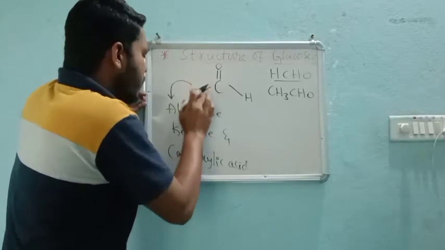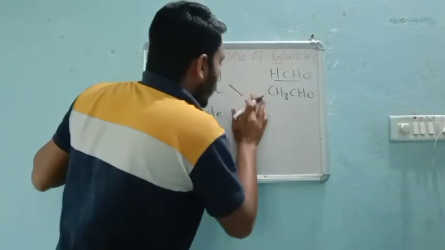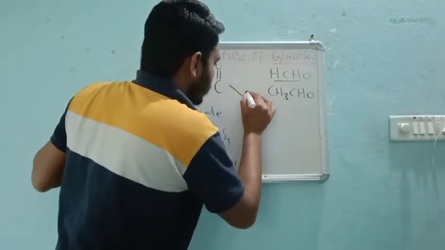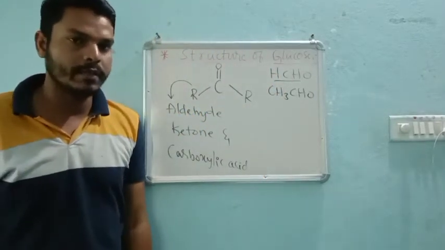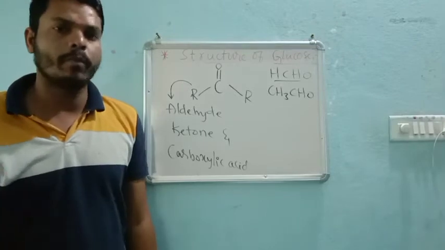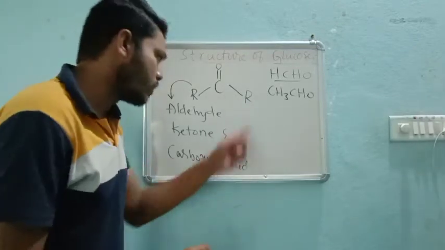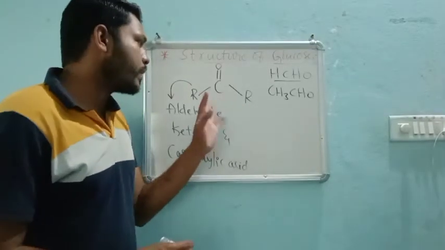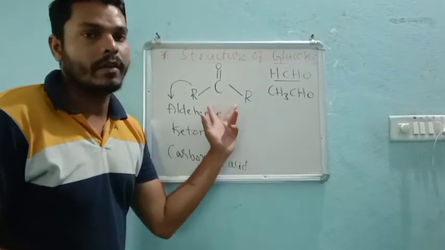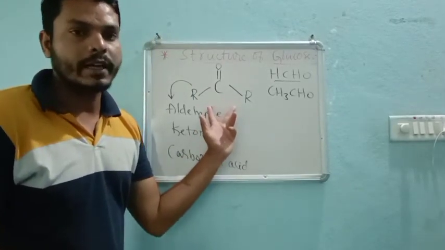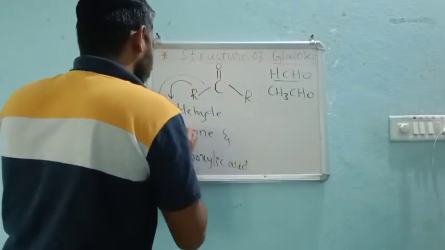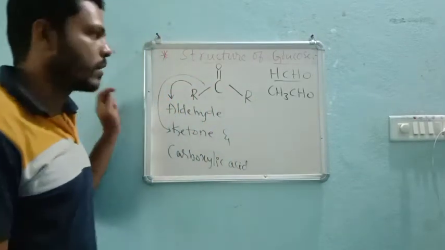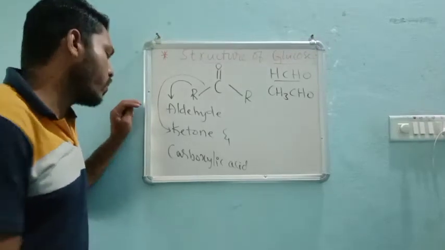If HH are there or else RH is there, then the compound is called an aldehyde. Coming to ketone, if R groups are present on both sides, not only methyl but ethyl, propyl, butyl, whatever it may be, but there should be an R group. If R groups are attached on both sides of the carbonyl group, then it is called ketone. Now what about carboxylic acid?